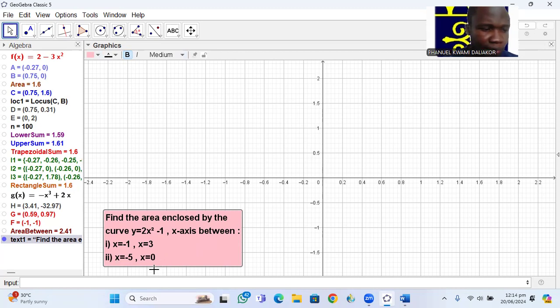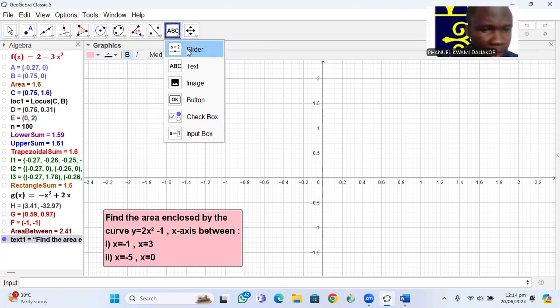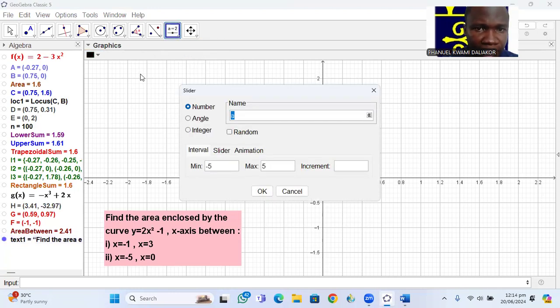First I need to create some sliders. I make the first slider A, minus 10 and positive 10.